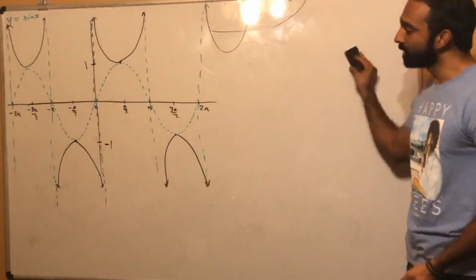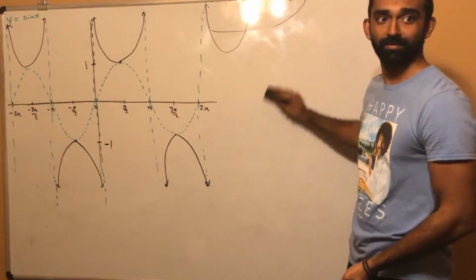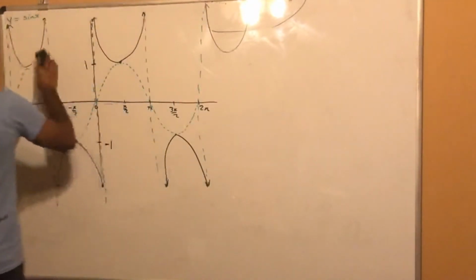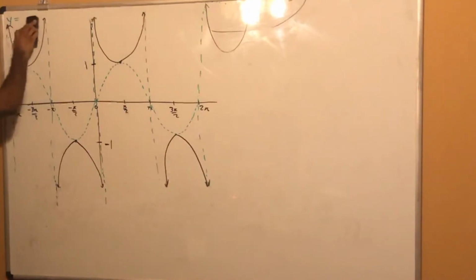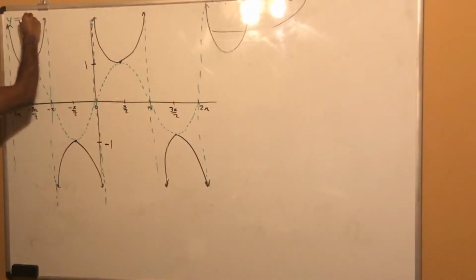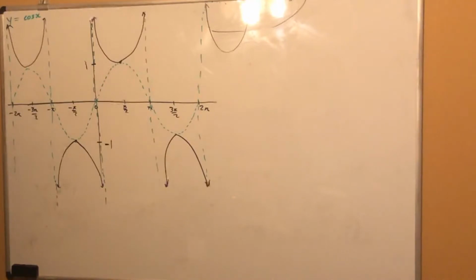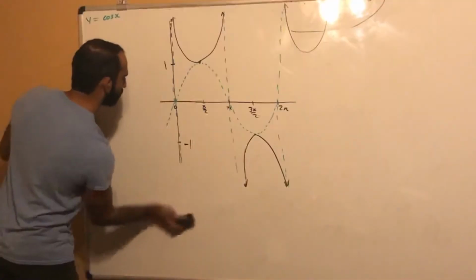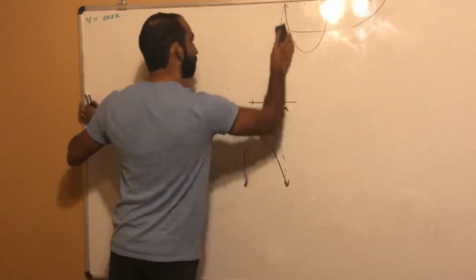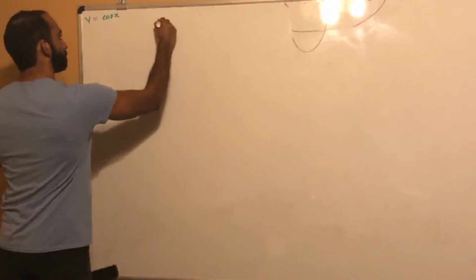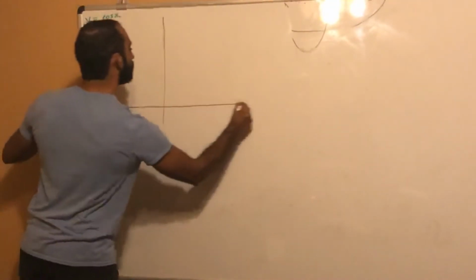Okay, next is a final graph, the graph of secant. I'm going to do the same sort of thing. What is the function that I'm going to compare secant to? Cosine. This time it's going to be cosine. So say y equals cosine in green. Let's start afresh, new vertical, new horizontal.